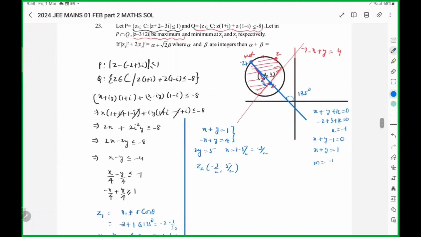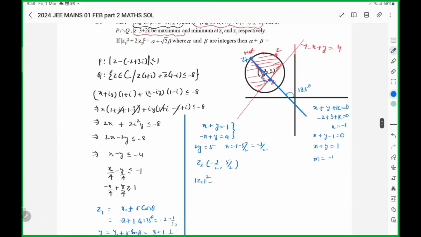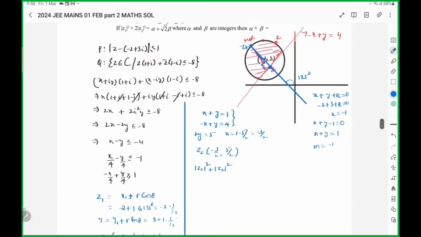After getting Z1 and Z2, Z1 square plus Z2 square.